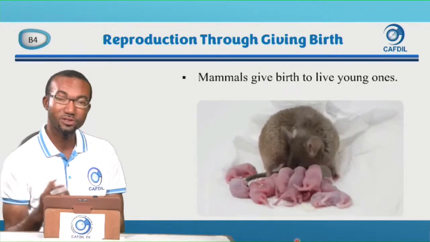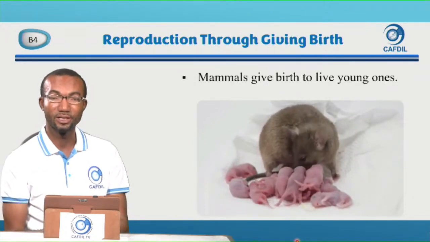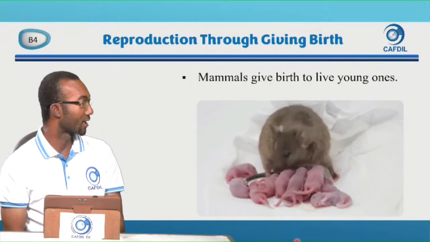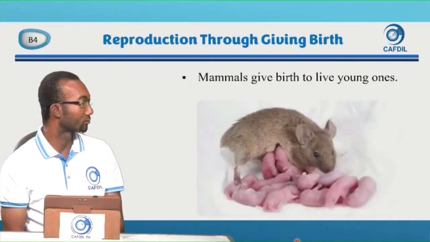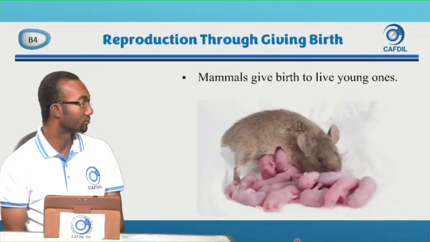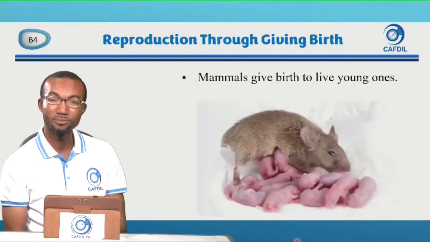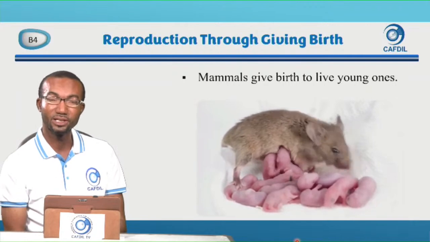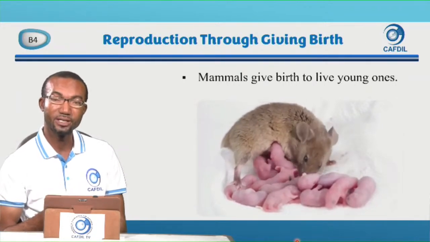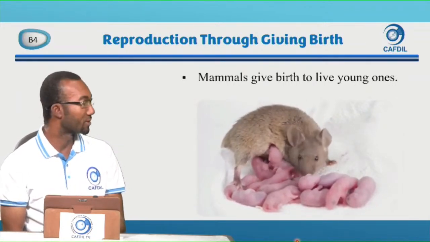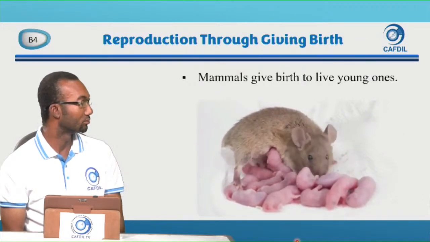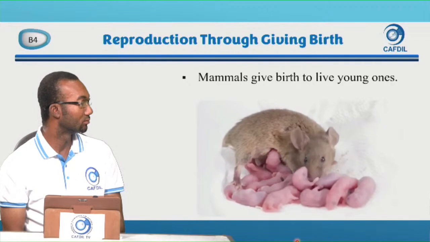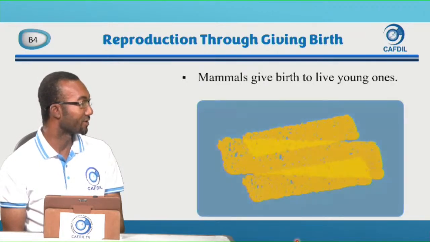Yes, so mice also give birth, as you have seen. See, when they get pregnant, their gestation period is 2 to 3 weeks. That is the time the unborn babies spend in their mother's womb. So this is what we call giving birth.